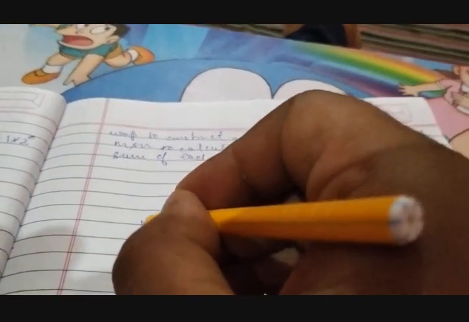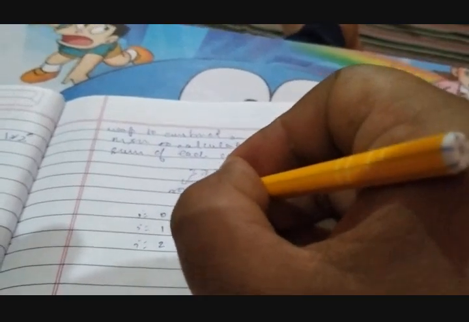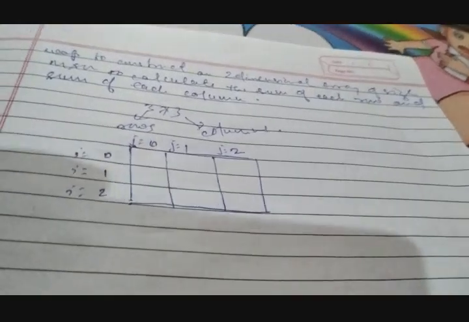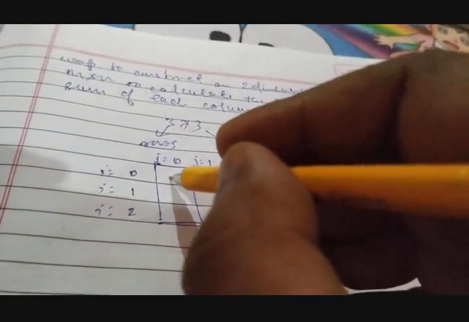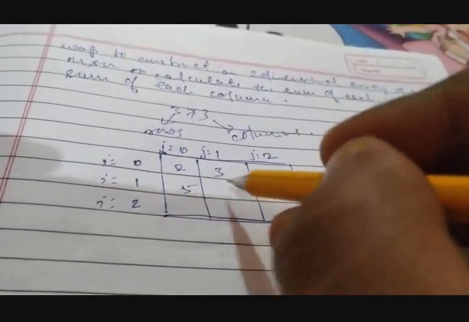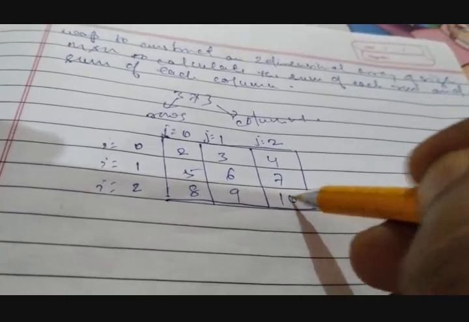So let's consider this as I equals 0, I equals 1, I equals 2, J0, J1 and J2. Suppose we have the elements 2, 3, 4, 5, 6, 7, 8, 9, 10.